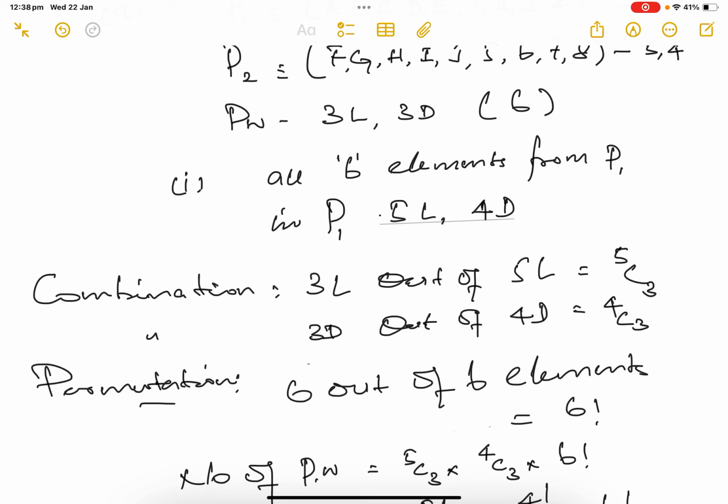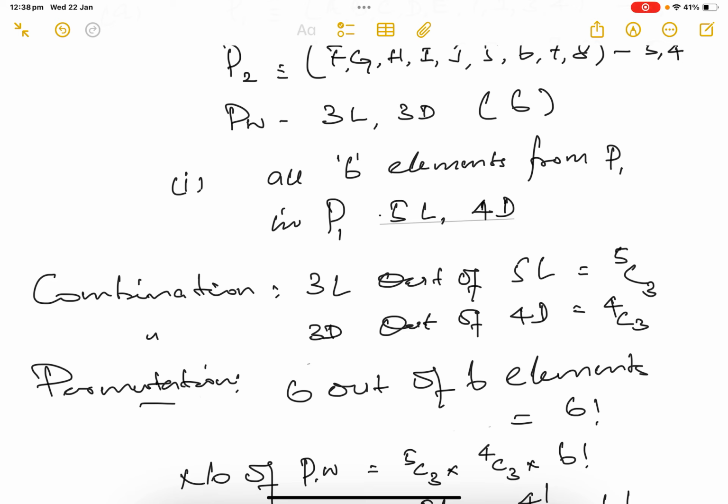So from 5 letters, we need to choose any 3 letters out of 5. That is a combination. Selecting or picking 3 from 5 is a combination. Therefore, 3 letters out of 5 is 5C3, because we are picking any 3 out of 5.